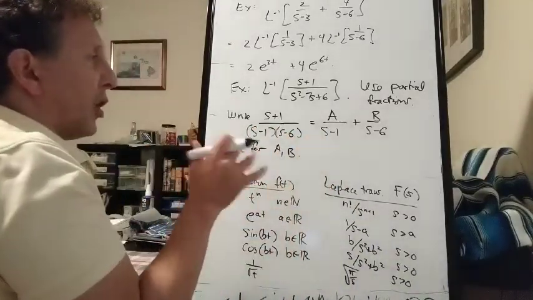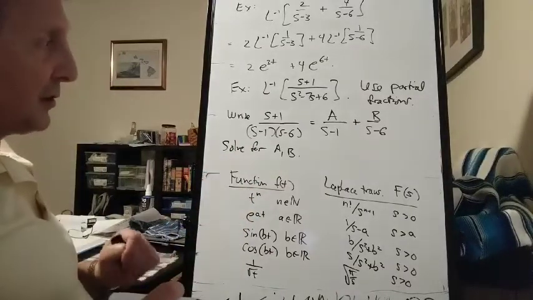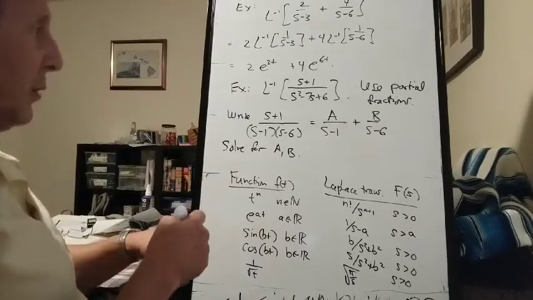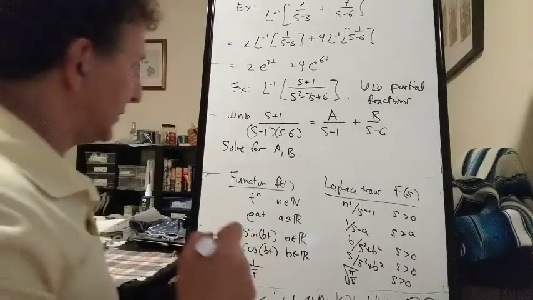Now these should hold for all s, which means that a good strategy is to plug in an s. Well, if we multiply through, plug in an s, it's going to make something disappear.